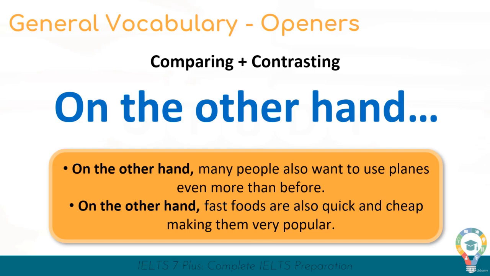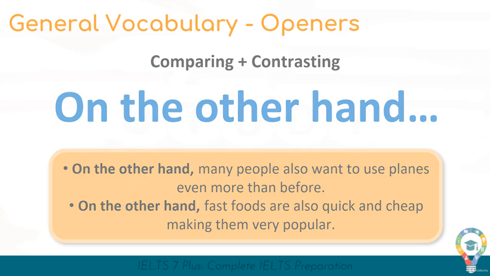On the other hand, fast foods are also quick and cheap, making them very popular. So here you're signalling to the examiner that you want to discuss a difference in opinion. You're contrasting different kinds of thinking, and you use this opener, on the other hand, to begin talking about this. Let's see the next example.